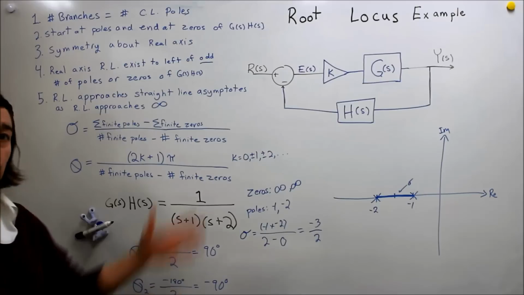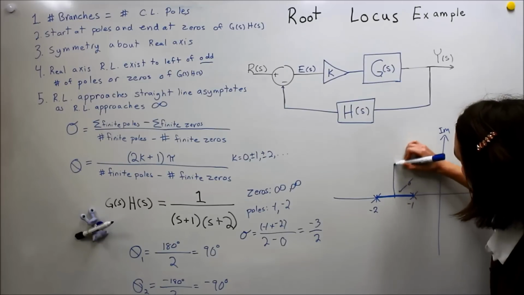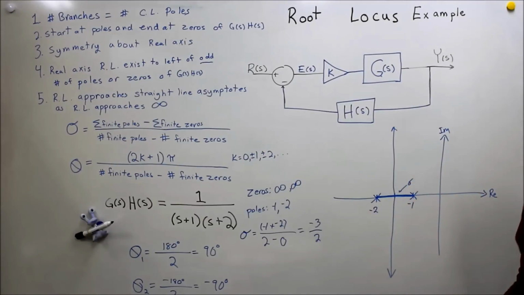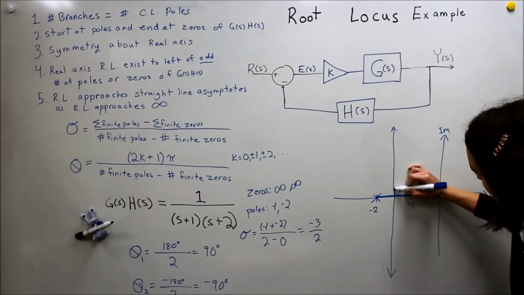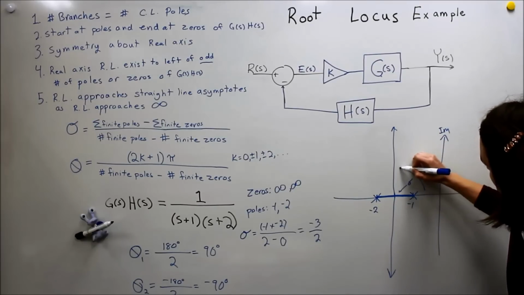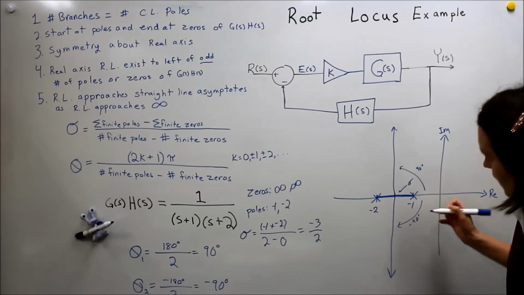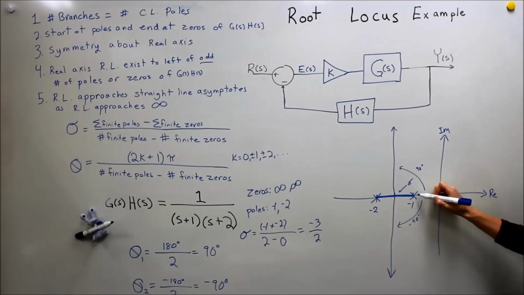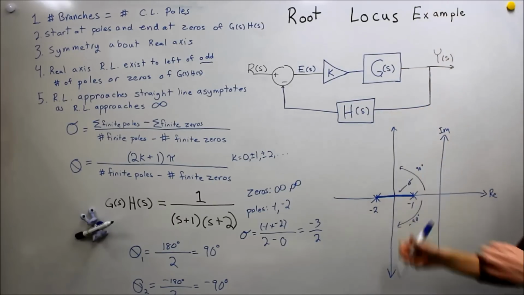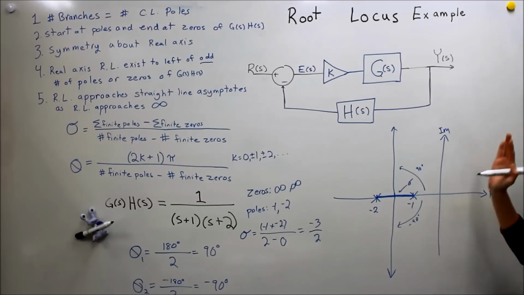So these would be our 2 axes, and we'll see that these will indeed go off in a straight line. They go to this point and then straight out at positive 90 and negative 90. So starting from here, our poles go inward, they meet up in the middle, and then they go up and down at positive and negative 90 degrees. So that is our root locus for this problem.